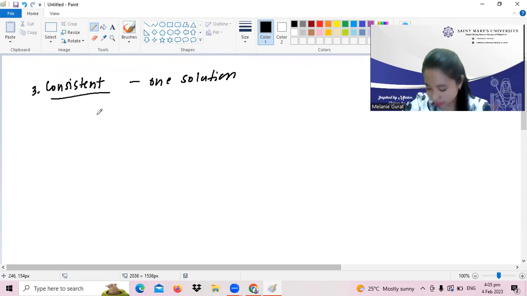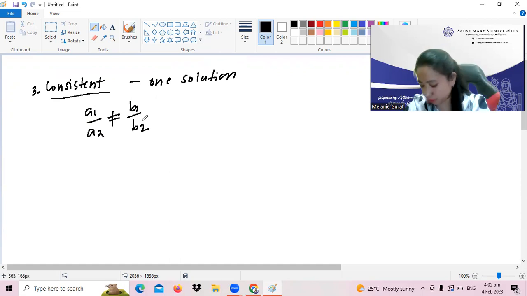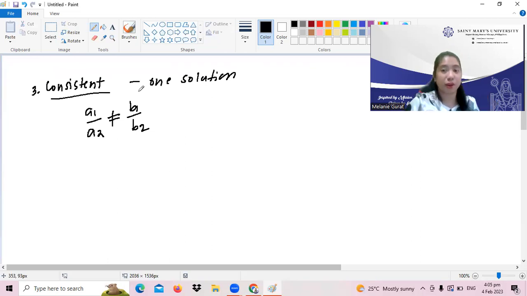Now, using the ratio test, this is when a sub 1 over a sub 2 is not equal to b sub 1 over b sub 2. So for the consistent type, we're not going to consider c anymore. So it's a sub 1 over a sub 2 is not equal to b sub 1 over b sub 2.